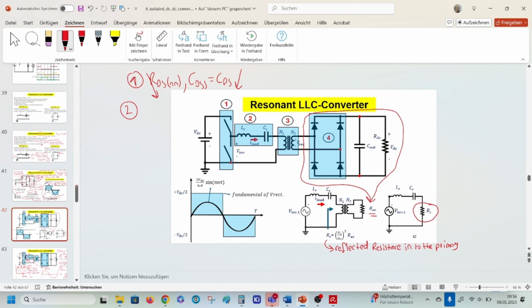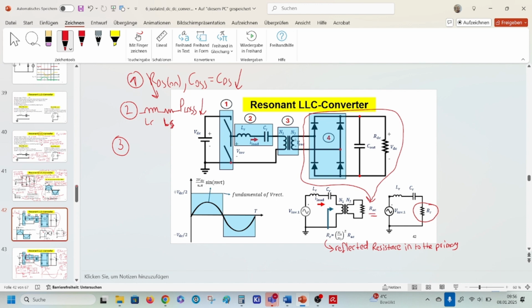That means it also has a loss. It has losses. How do you call it? P loss of our inductance should also be small.